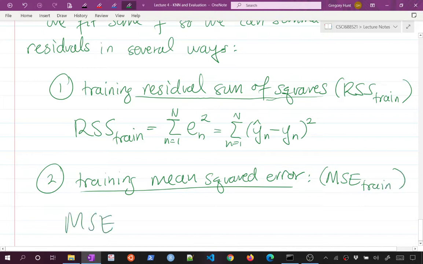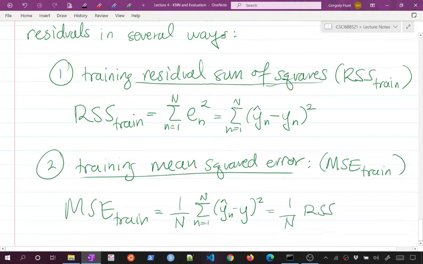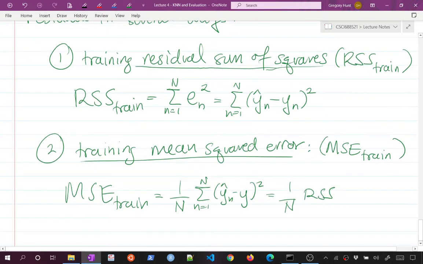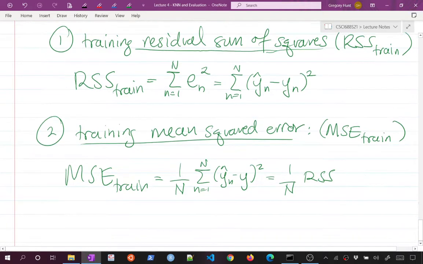MSE train is the mean of these squared residuals, which is basically just 1 over n times RSS. Some people don't like the fact that the RSS grows as the training data grows, so they could just look at the average instead of the sum of the squares.